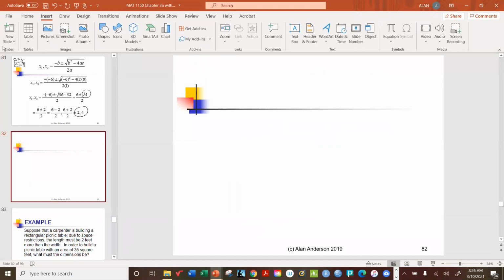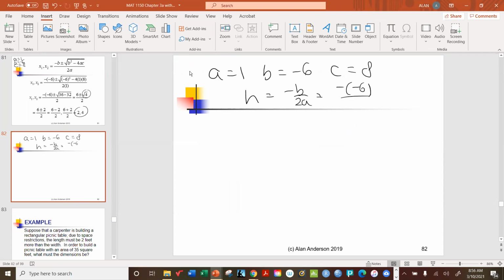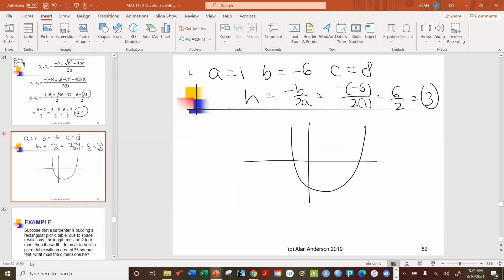Okay, if we use the formula, remembering that A is 1, B is -6, C is 8, H is -B over 2A, which we predict will be 3, minus -6 over 2 times 1, 6 halves, and in fact it is 3. Okay, so the axis of symmetry is right here.